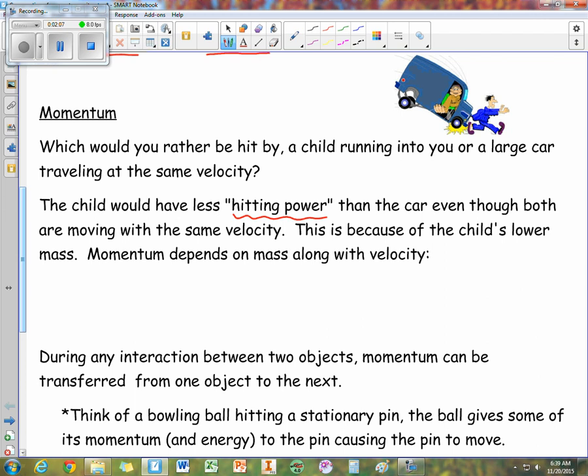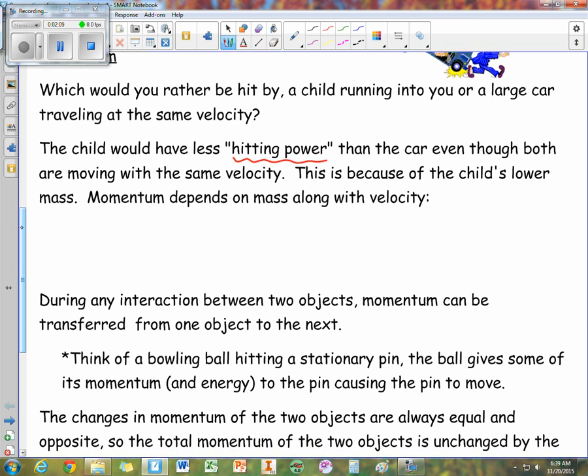So momentum is something that depends upon both mass and velocity. This is exactly what momentum is. Momentum is mass times velocity. And since velocity is a vector, that means momentum must be a vector as well. So it's a very simple formula, just simply mass times velocity.